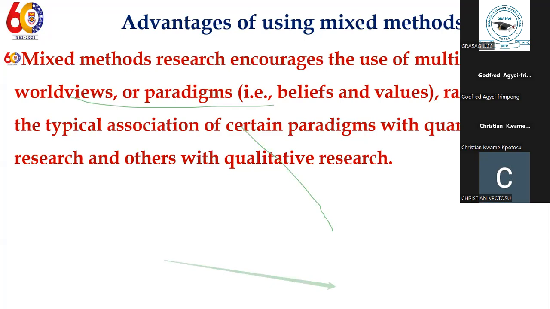Then the person's beliefs and values are changing as his or her knowledge is also developing. So rather than typically associating ourselves to, oh, this is the truth and that is it, mixed methods says, no, let us look at how other people also perceive what we are seeing. So when we collect quantitative data, there is the need to also collect qualitative data to corroborate whatever quantitative data you have collected.